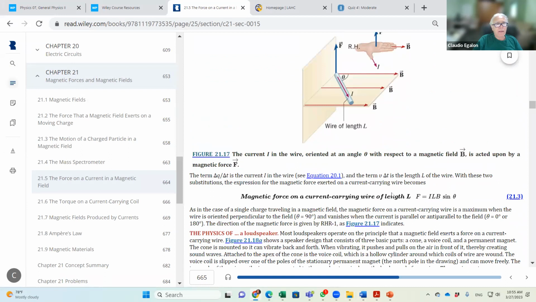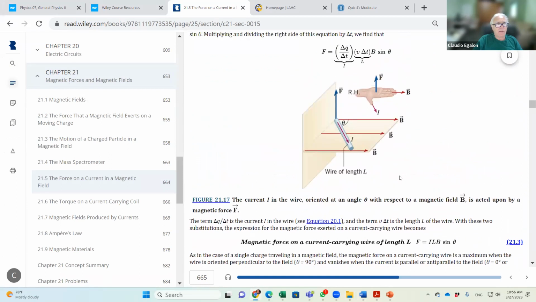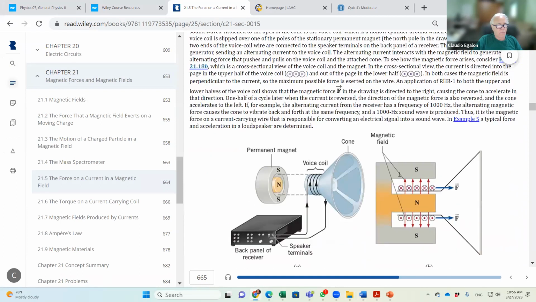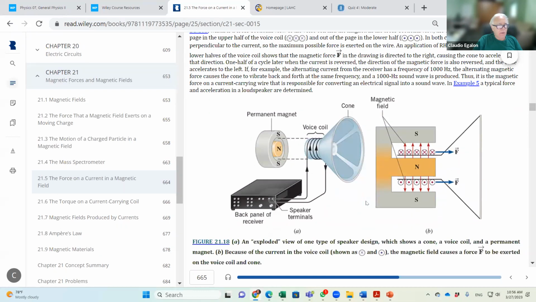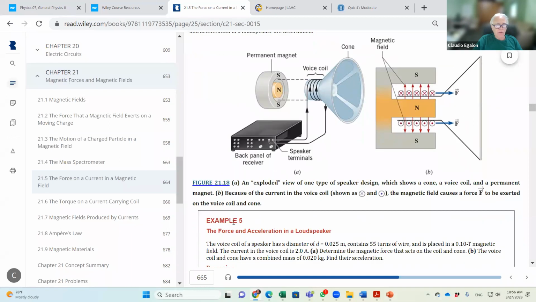And again, the direction of the force is given by the right hand rule. There are some practical applications as well. Here's a practical application: a speaker. So here you go.